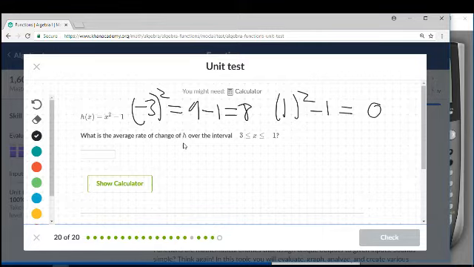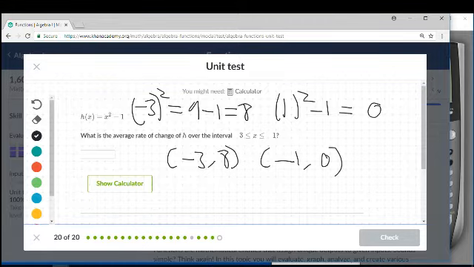So our coordinate points are going to be (-3, 8) and (-1, 0). And find the change in y over change in x.